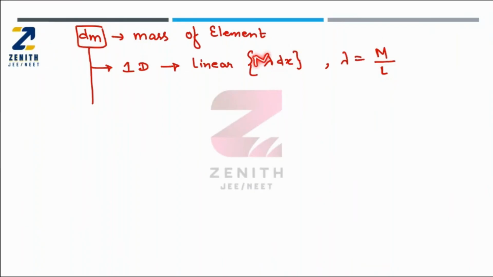From the unit perspective also you can check this relation is correct: mass per length multiplied by dx, which is also a length, gives you the mass.